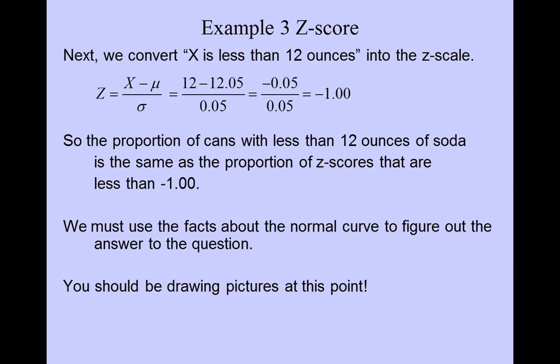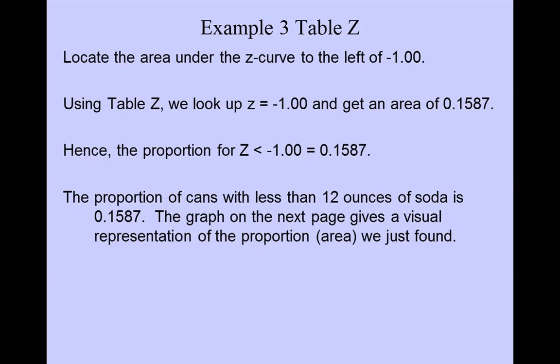We must use the fact about the normal curve to figure out the answer to the question. You should be drawing pictures at this point. Locate the area under the z-curve to the left of negative 1.00. Using table z, we look up z equal to negative 1.0 and 0.00, and get an area of 0.1587.